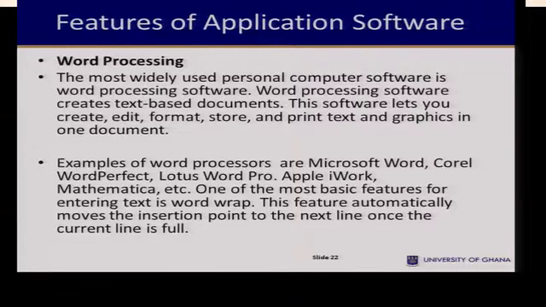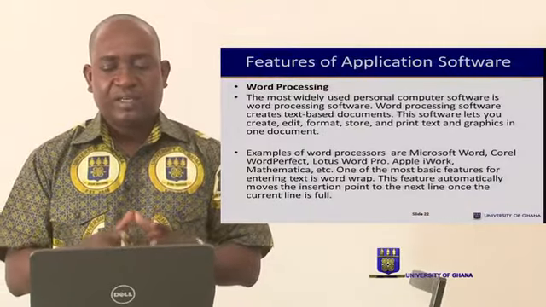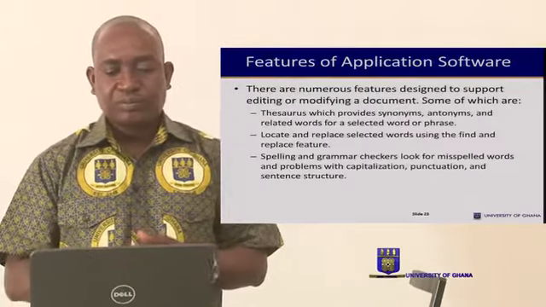Of course, there are different types of word processors. We can talk about Microsoft Word, Corel WordPerfect, Lotus Word Pro, Apple iWork, Mathematica, and a host of others. All these are examples of word processing.